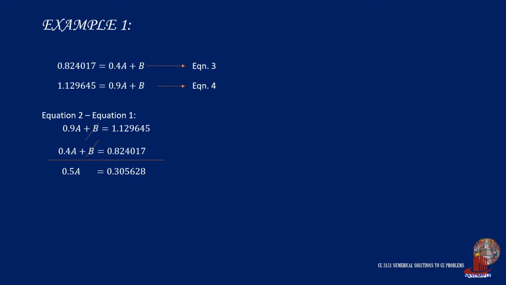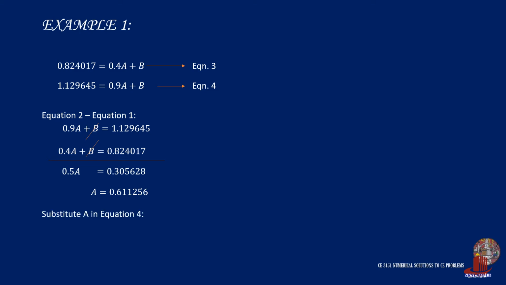Having two equations for the two unknowns, work with elimination to compute for a. Take equation 2 minus equation 1, giving 0.5a is equal to 0.305628, and dividing both sides by 0.5, a is then determined as 0.611256.